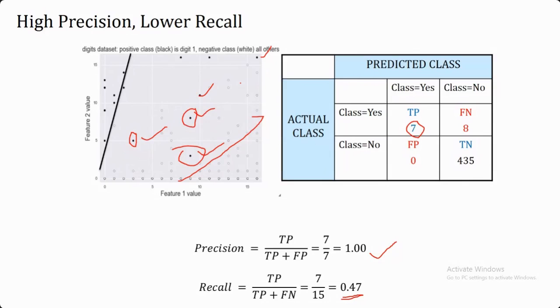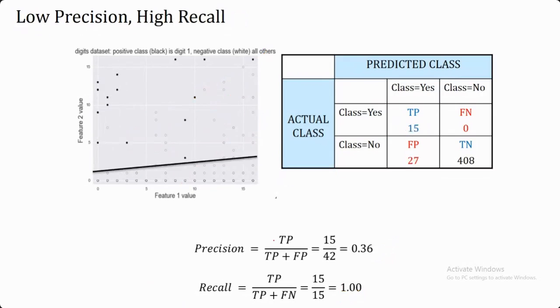You haven't missed any positive; all positives have been classified as positive. So your recall is going to increase, but your precision is going to decrease, because according to your model, all these white dots are positive, but actually they are not positive. So your precision is going to reduce.